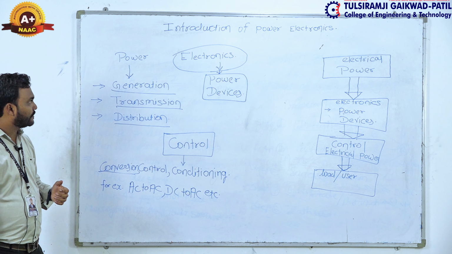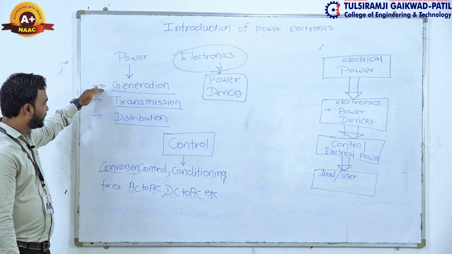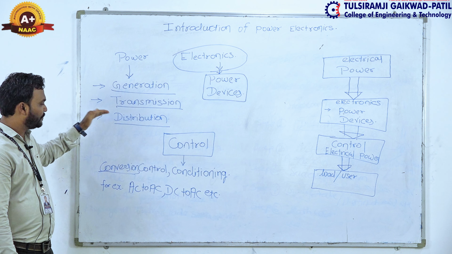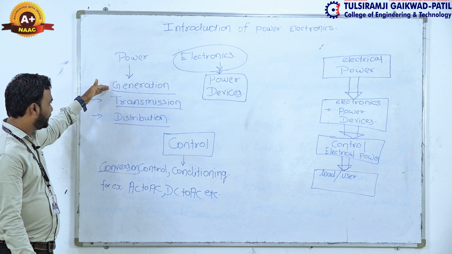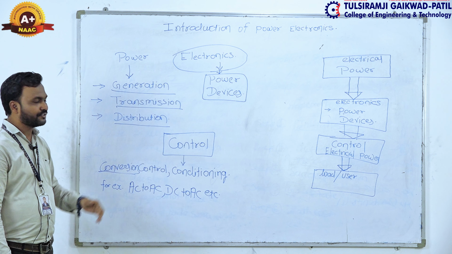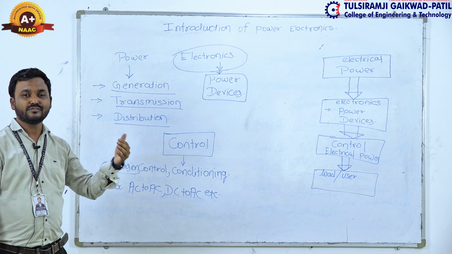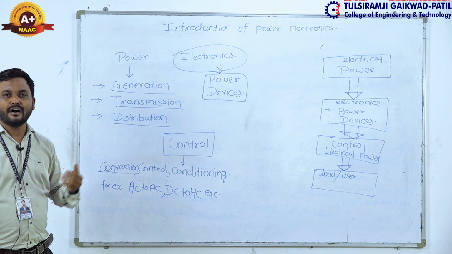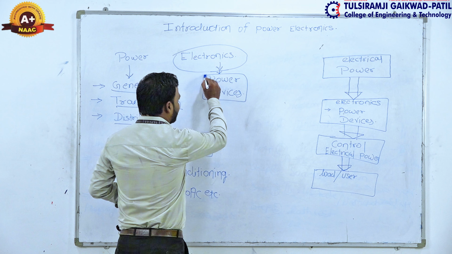In power electronics, power is mainly classified into three parts: first is generation, second is transmission, and third is distribution. At the time of generation, transmission and distribution, we have to control this power according to the user requirement, according to the application. For that, we use power devices in power electronics.